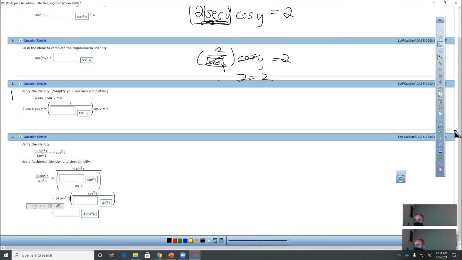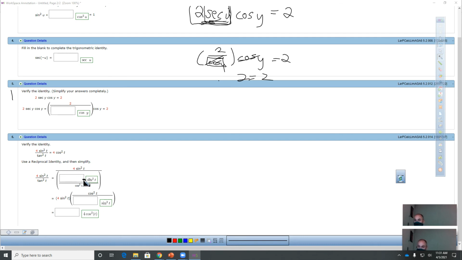Same thing here. You've got 4 sine squared of t over tangent squared of t equals 4 cosine squared of t. Well, what my mind goes to right here is I know tangent is sine over cosine. And if I can change that to sine squared over cosine squared, then possibly those sines are going to cancel and leave me with the cosine, and that's what happens.